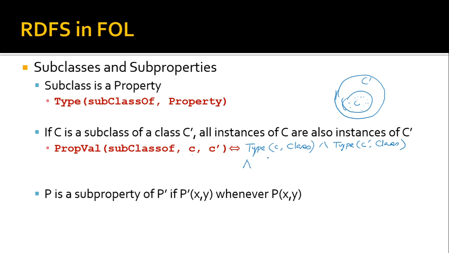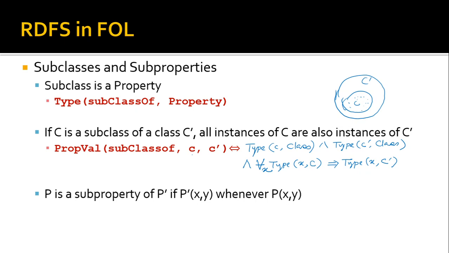And if something is an instance of class C, so that is how we write something that is an instance of class C, that will imply that particular thing X is also an instance of C prime, and this should hold true for every X, right?